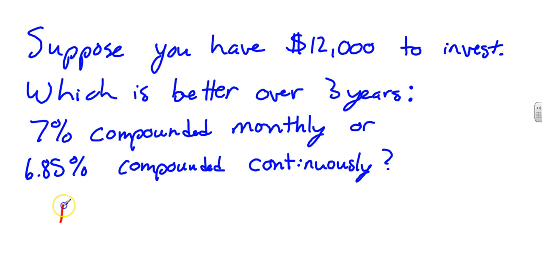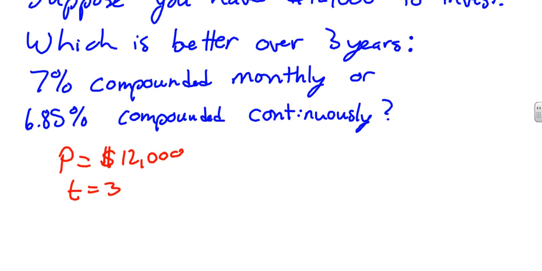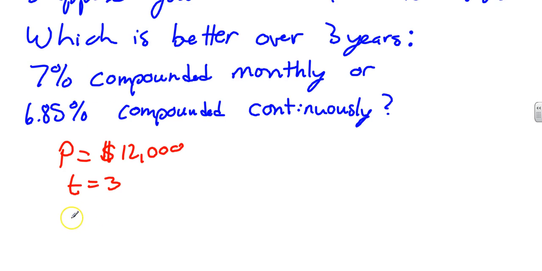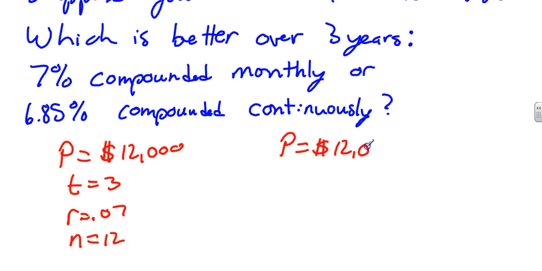Okay, so we know our principal is $12,000. We know our time is 3. And then we've got two options. We're either going to do the rate is 0.07 and the n is 12, or with a principal of 12,000, our time of 3, if we do the continuous, our rate is 0.0685.